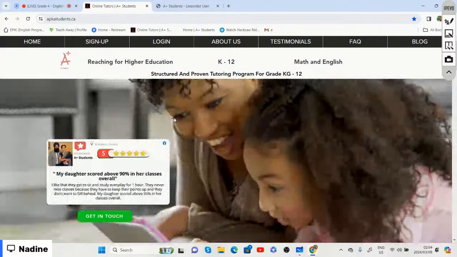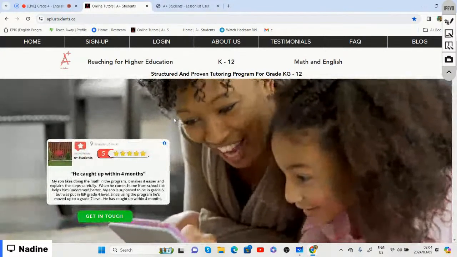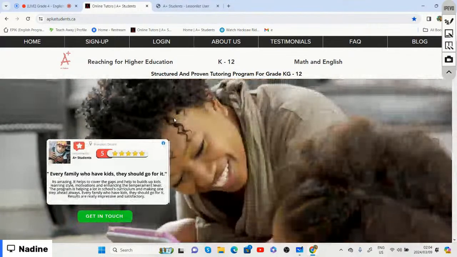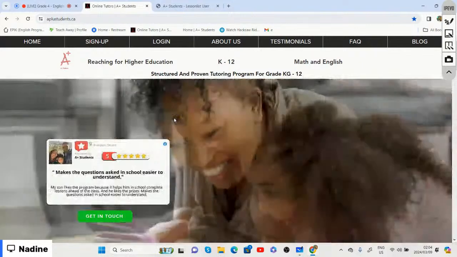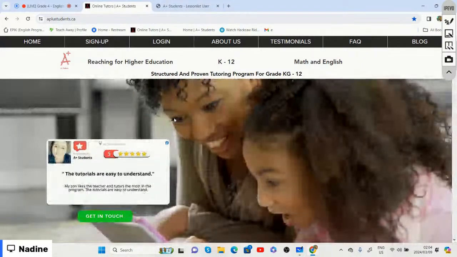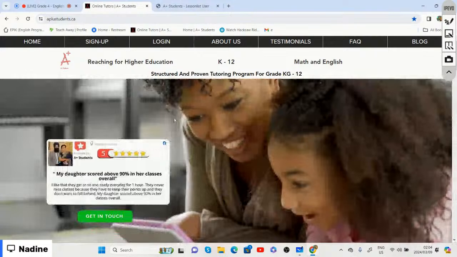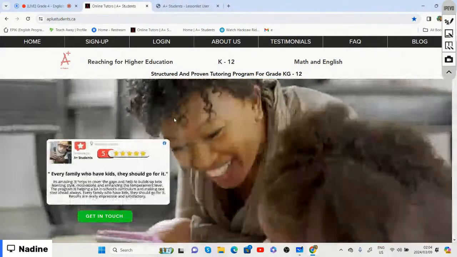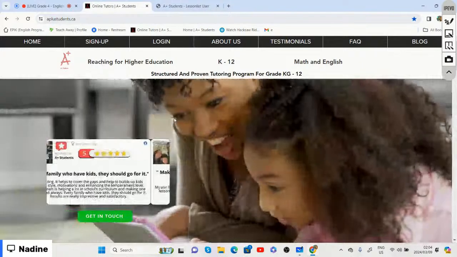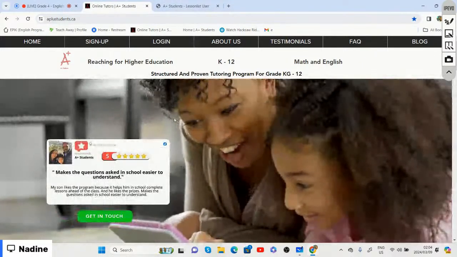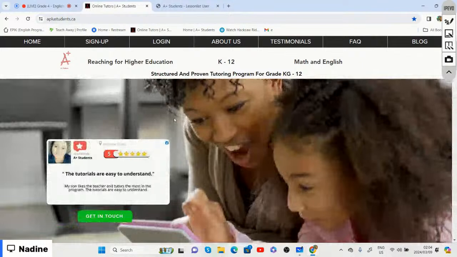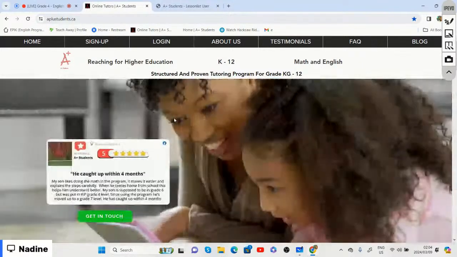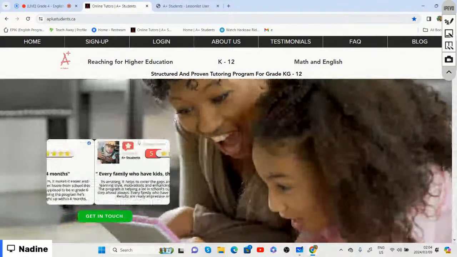Today we'll be doing our grade 4 English lesson on thesaurus skills. We are going to log on to aplusstudents.ca with our username and password.